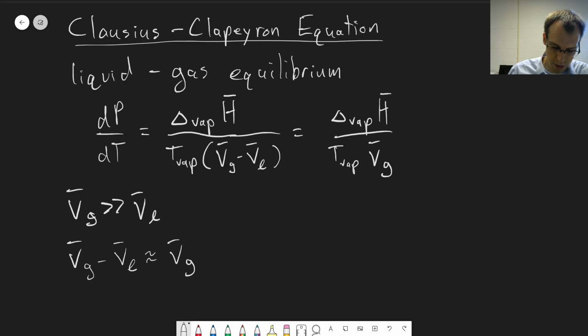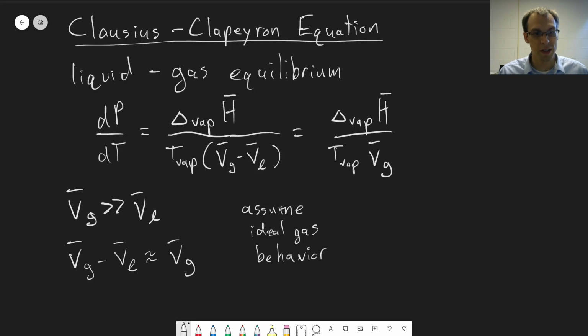The other thing we can do is assume ideal gas behavior. If we are at normal temperatures and pressures, this is a pretty good assumption. And so we can say that V bar for the gas follows the ideal gas law, so that'll be equal to RT over P. That's just solving for V divided by n.